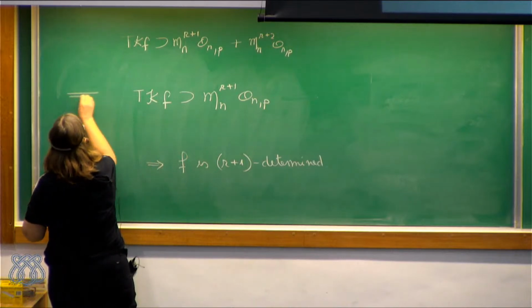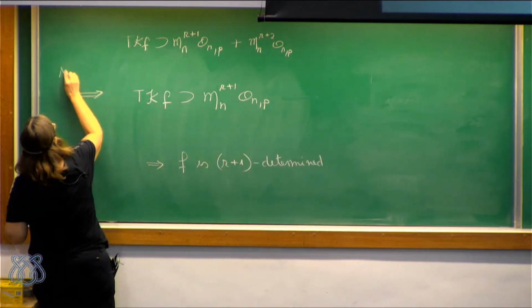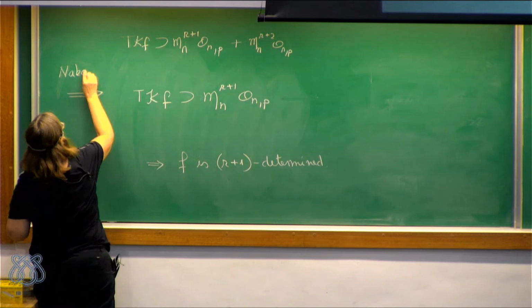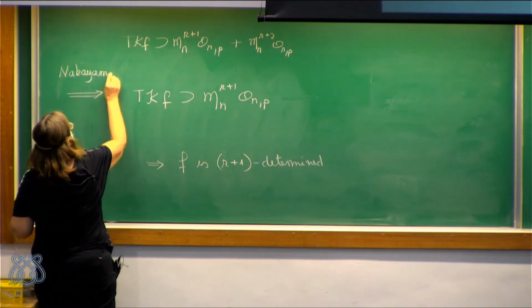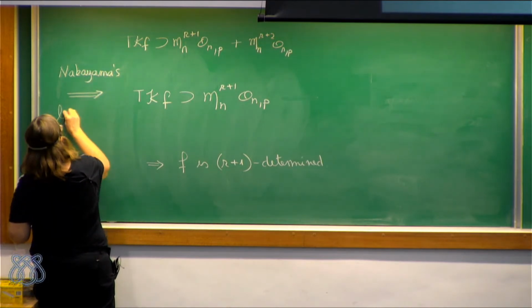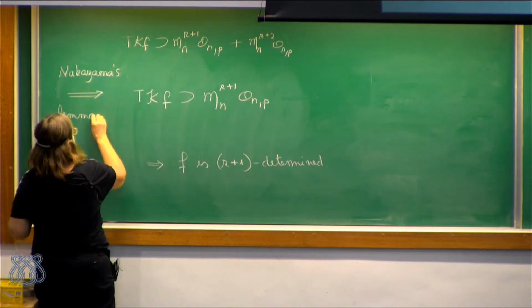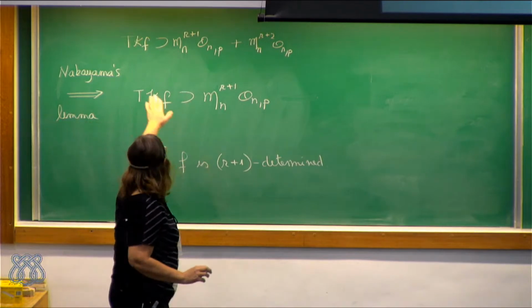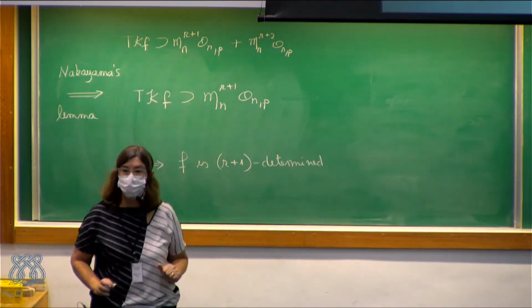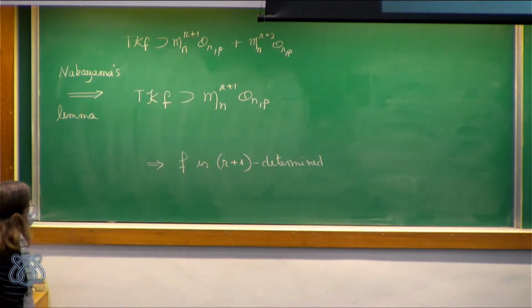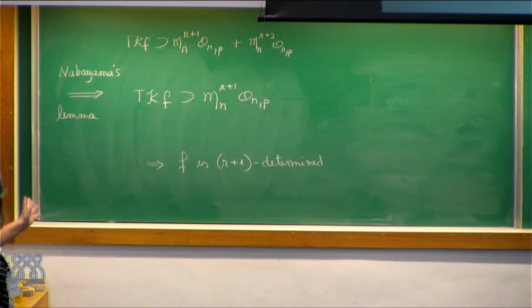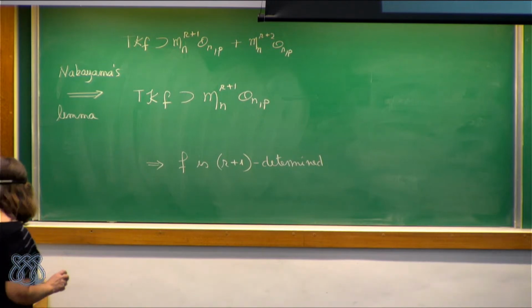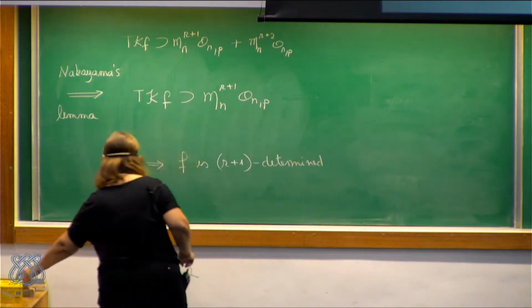Then you use Nakayama's lemma, then you get this. So this is a nice property to verify if some F is R plus 1 determinate.